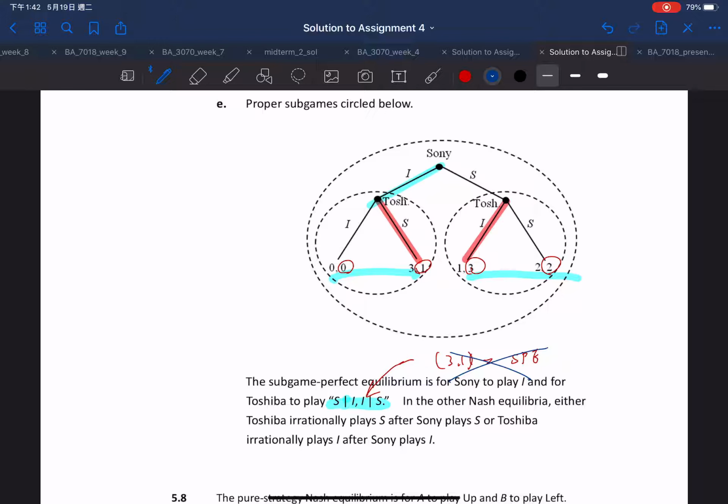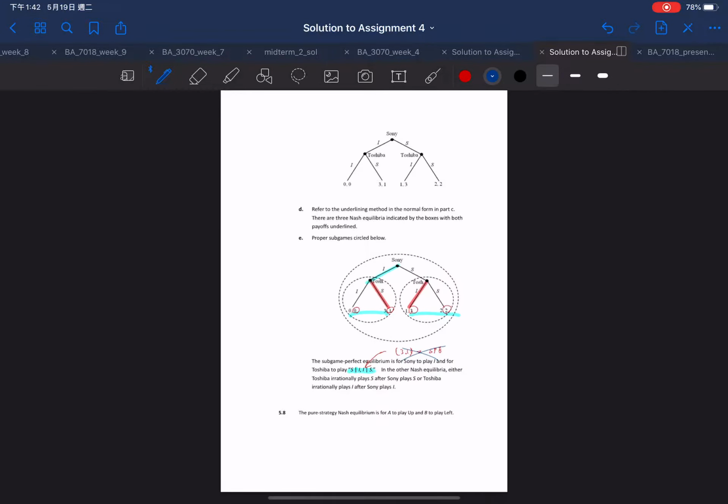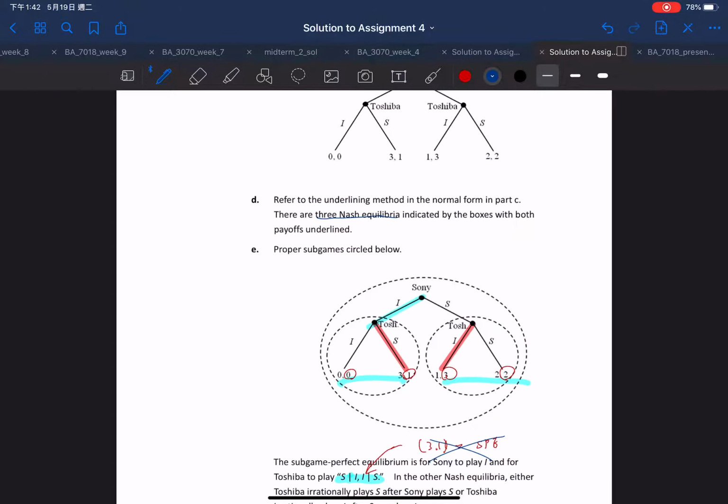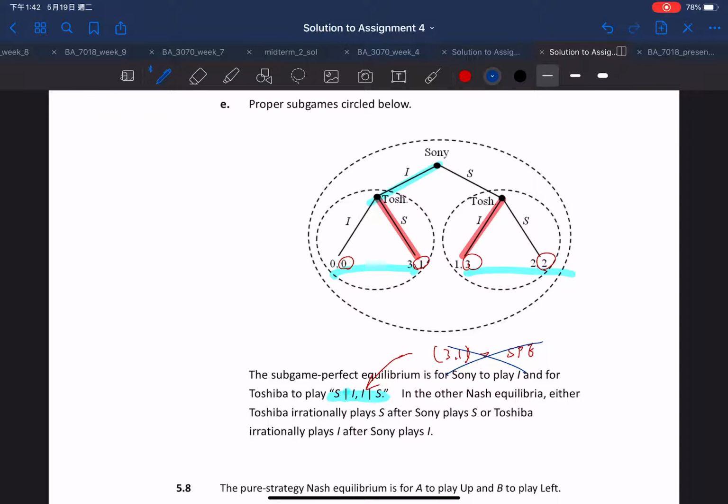And in the previous question, you found there were 3 Nash equilibria. And the question asks why. So here you only find one of them is SPE, right?